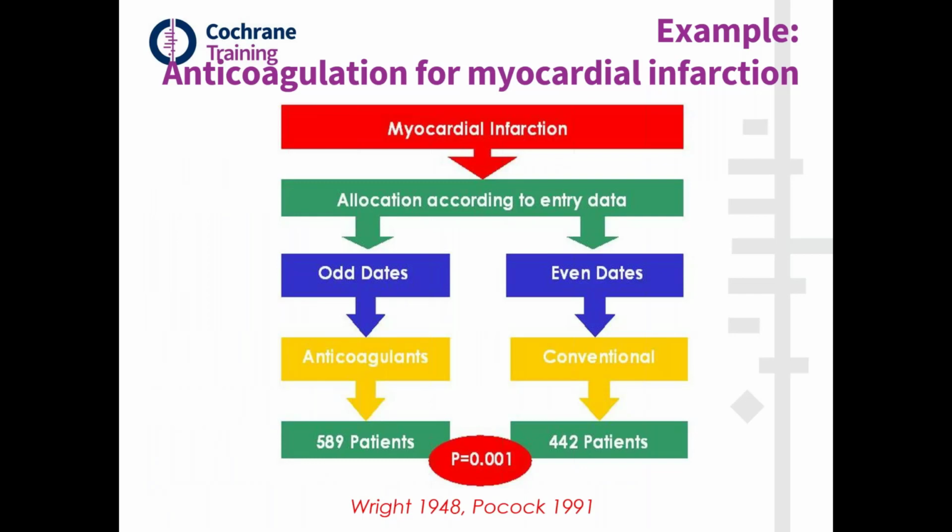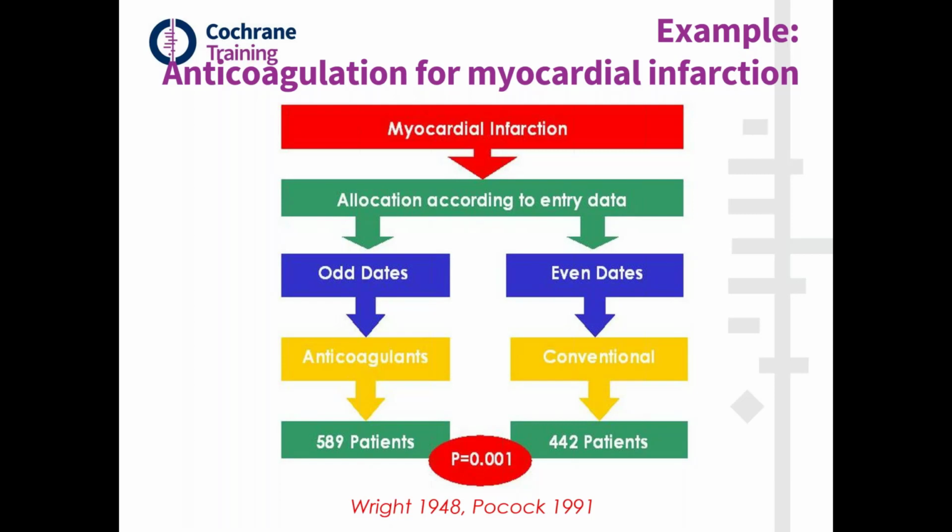Okay, so we've got another little example for you, and if you have downloaded the handout, this is in the handout, but I'm going to ask you a little question about this trial in a minute. Just to give you some background, this is a 1948 trial comparing anticoagulation medication to conventional treatment for a heart attack, and the drug that people received depended on whether they were admitted on odd or even days.